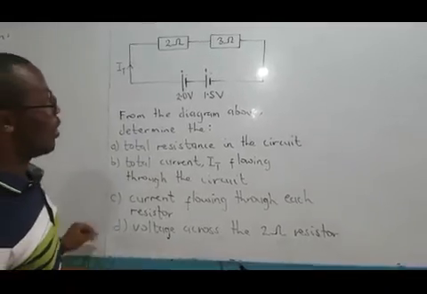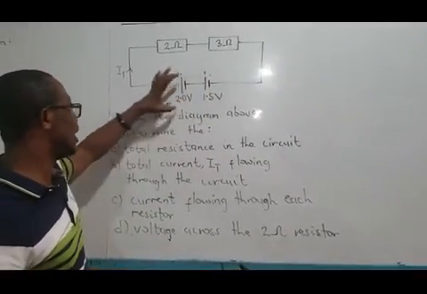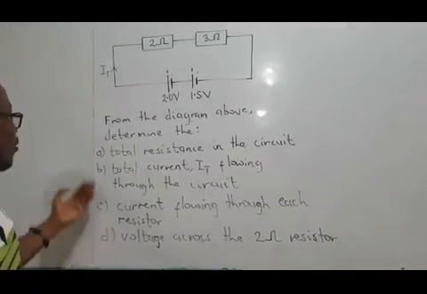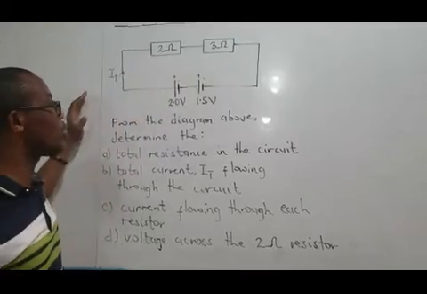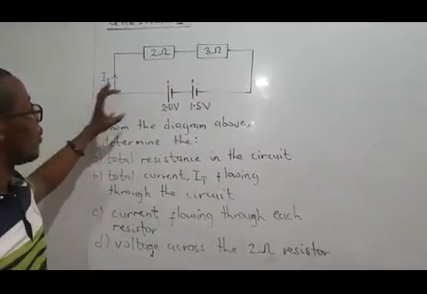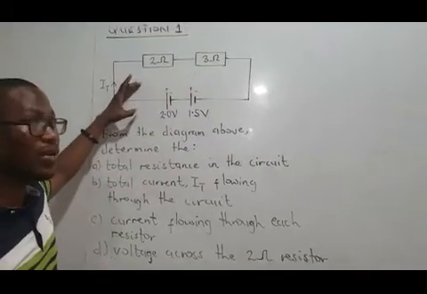So if you are supposed to look for the total current in the circuit, you need the total voltage first, which was not stated in the question. For you to determine the total voltage, you have to analyze whether the cells are in series or in parallel.